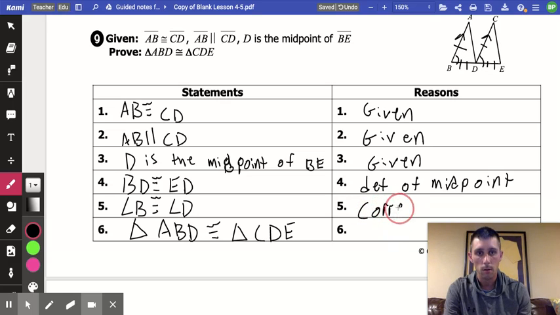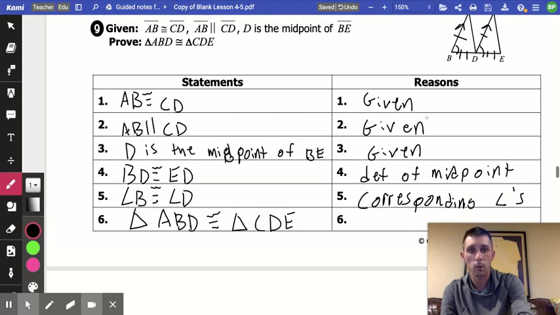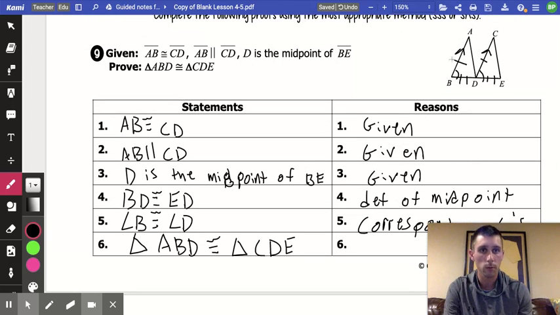They are corresponding angles. All right, corresponding angles. So now what is our reasoning for the triangles? Side, angle, side. SAS. All right.